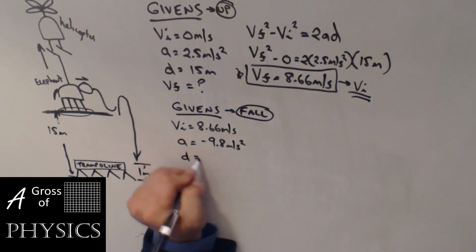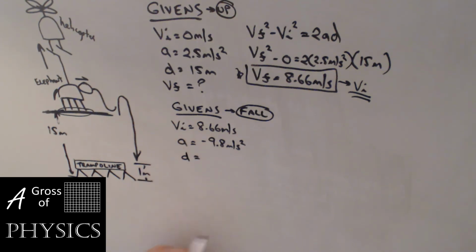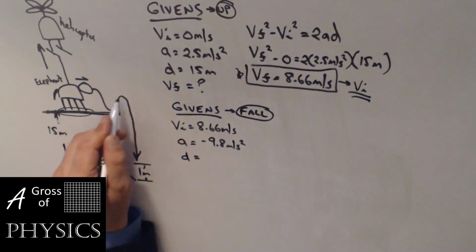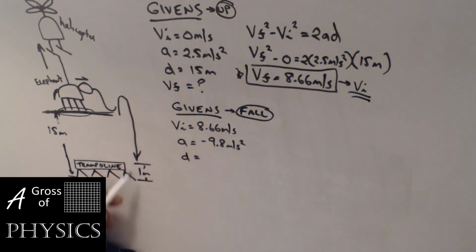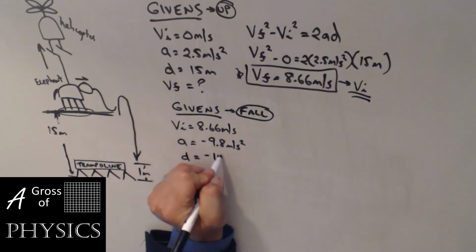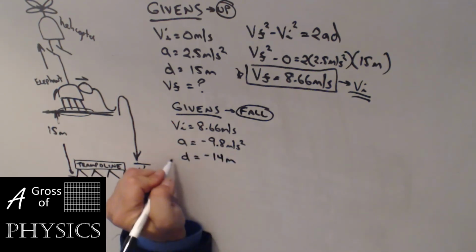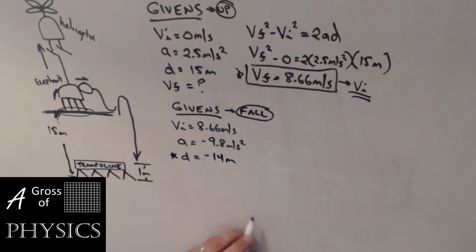Now, the displacement of the elephant goes from this point, goes up a little, but then falls and hits the trampoline, which was 1 meter above the ground. So if you started at 15 and ended at 1, your displacement's actually a negative 14 meters. And that's a tricky variable right there. You have to watch out for the fact that it's negative 1 and only 14 because of the difference between the start and the end point.